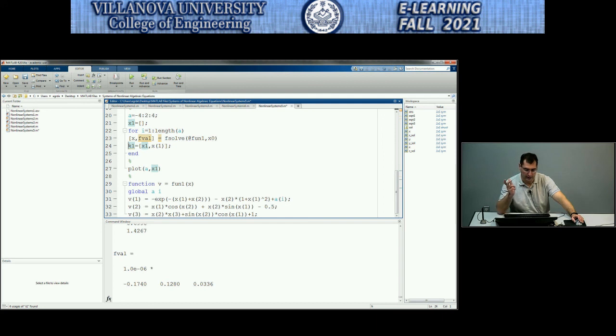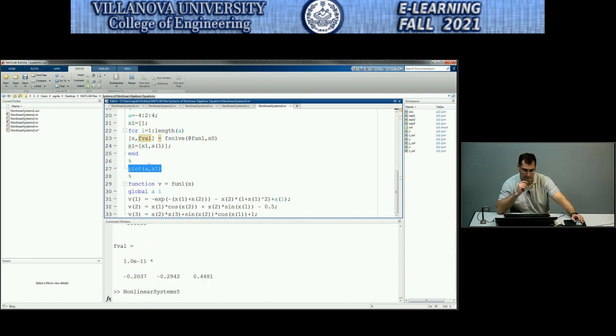This is how I do that. So I define an empty vector initially, and then I'm going to augment this empty vector with the current value of the first solution to my system. And then once the for loop has run, I'm going to end up with x1, the vector called x1, which contains the values of the first solution for each value of the parameter a. And that way I can eventually plot it like this.